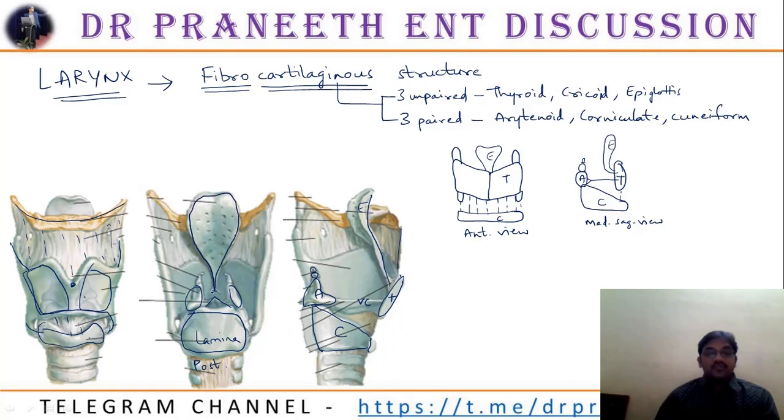You have a thyrohyoid membrane between thyroid and hyoid. This is the superior cornua, this is the inferior cornua, and you can also see the inferior cornua getting attached to the cricoid, forming a cricothyroid joint. The arytenoid and cricoid form a cricoarytenoid joint here. So this is a basic view of the laryngeal cartilages.